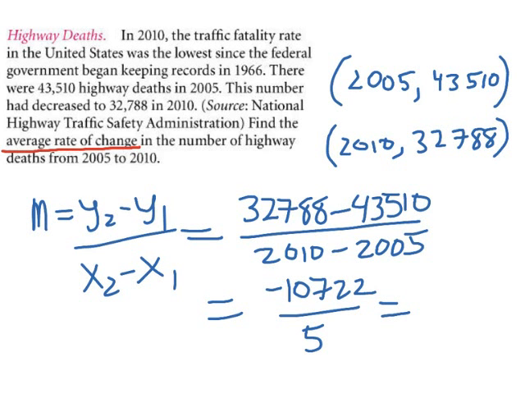I get minus 2144.4. So what that tells me is that on average the number of deaths was dropping, because it's negative, dropping by 2,144 per year. So that's kind of why in this case it would make sense to actually do that division by 5 and write it in that format.